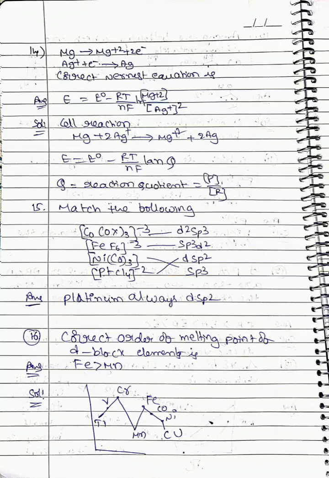Stick to the NCERT textbook. They have asked this question, where iron is having more melting point when compared to manganese, and check the graph also once.